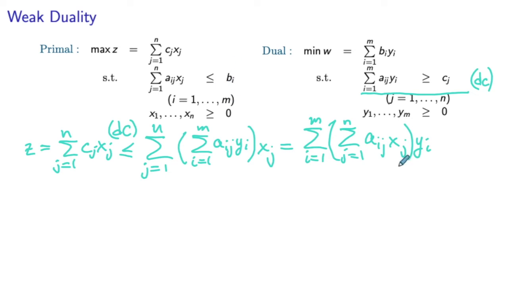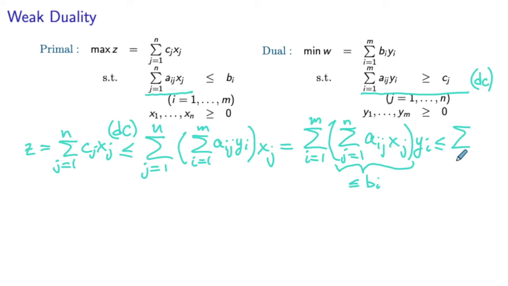So now when we rearrange the terms this way, we can see that we have this expression right here, which is exactly the same as the left-hand side of our primal constraint. Therefore, this is less than or equal to bi. And this is what we're going to do next. We will replace this sum here with bi, and we'll write another less than or equal to inequality here.